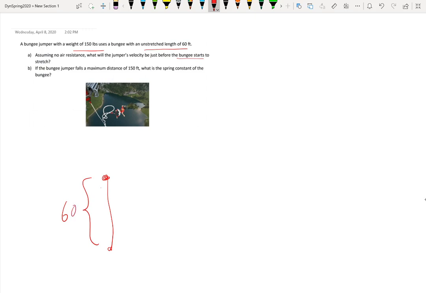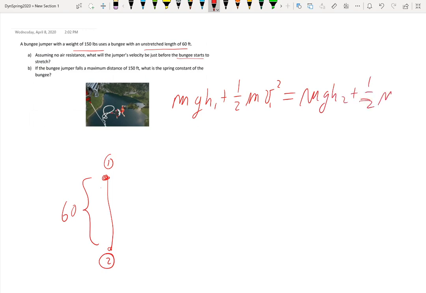feet. So I'll call this state 1, call this state 2. So it's mgh1 plus 1/2 mv1 squared. There's no added energy like the one that was adding the motor here. It's just gravity, mgh2 plus 1/2 mv2 squared.